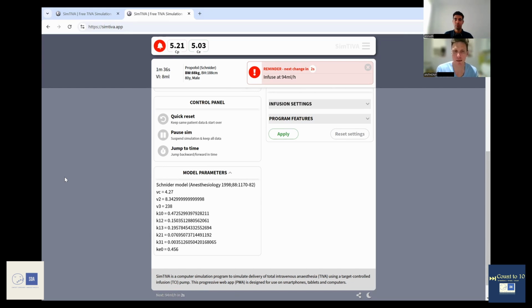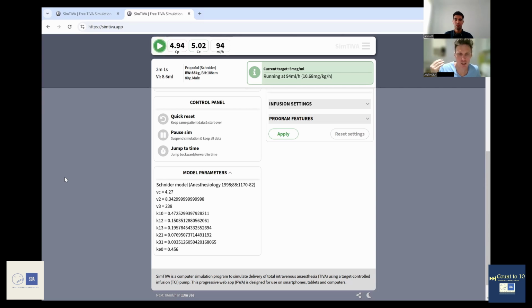But if you look at the model parameters of this 80-year-old versus the 20-year-old, you see that the VC is 4.27. The volume of distribution of the central compartment has not changed. This is confusing because you're saying, hang on, Anthony, didn't you tell me that if you have a dose in milligrams and you divide it by a V1, a volume of distribution, you end up with a concentration?